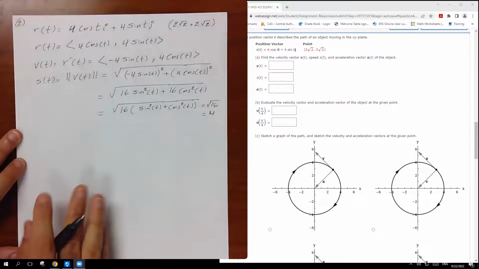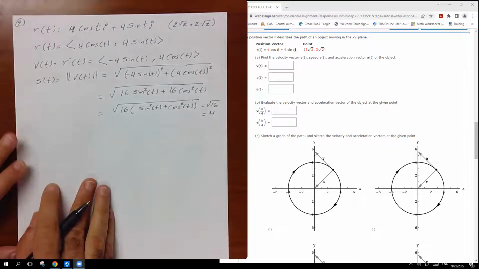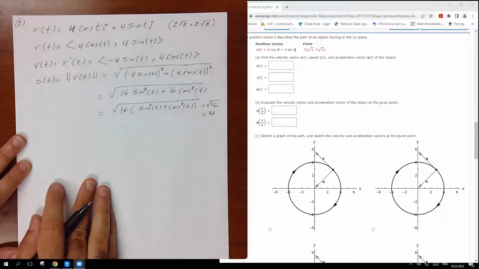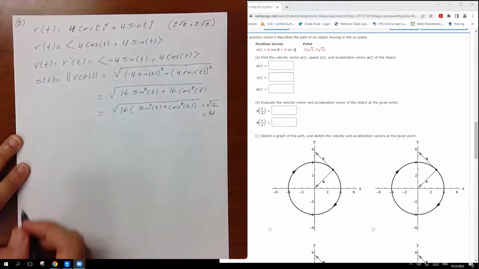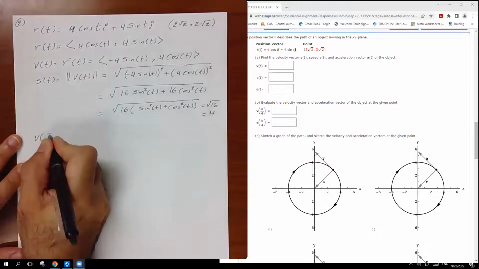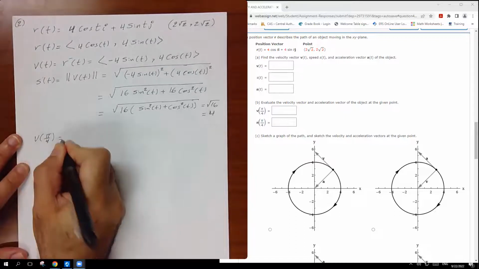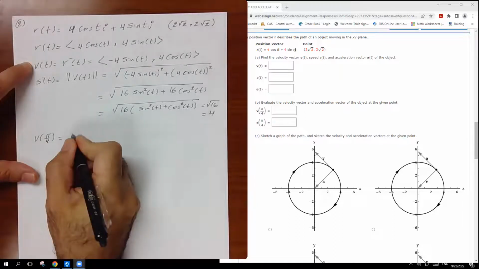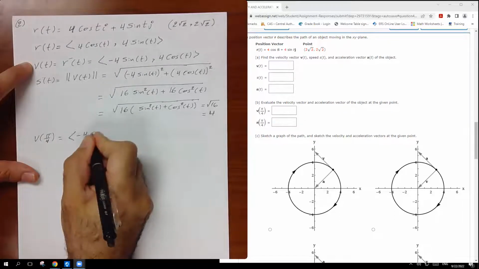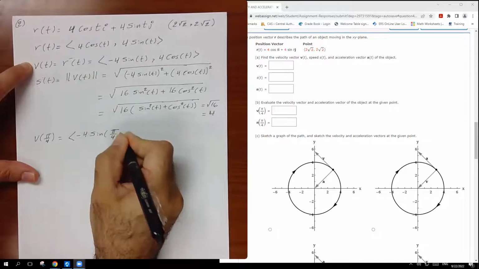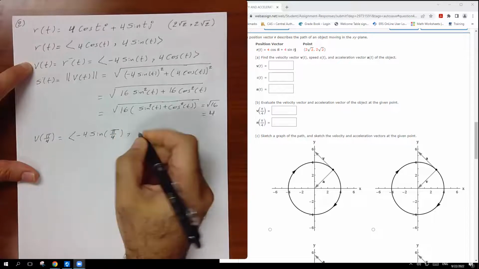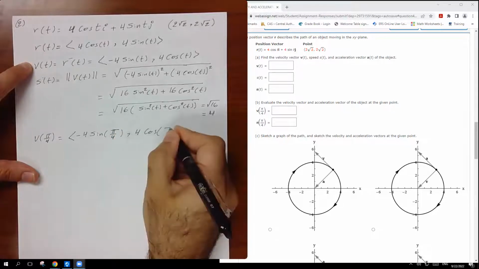The second part is to evaluate when the angle is pi over 4. So let's evaluate when the angle is pi over 4. That means we need to find the velocity at pi over 4. So here is the velocity. It's going to be negative 4 sine pi over 4 and 4 cosine pi over 4.